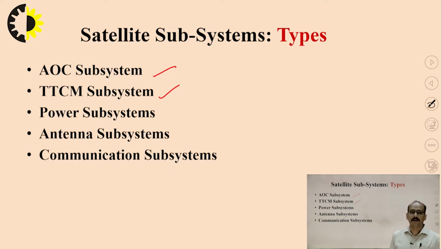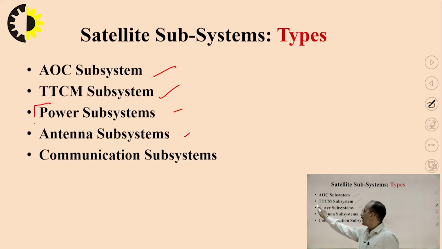For telemetry, we use the sensor data located on the satellite for monitoring various parameters such as flow, pressure and temperature of the satellite. Similarly, in this lecture, we are concentrating on these two parts: the power subsystem and the antenna.